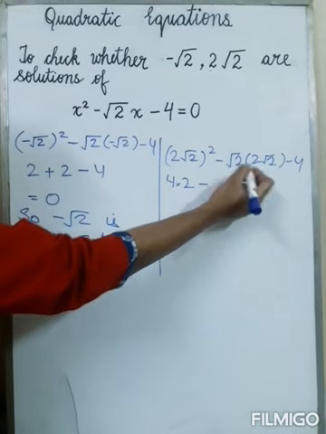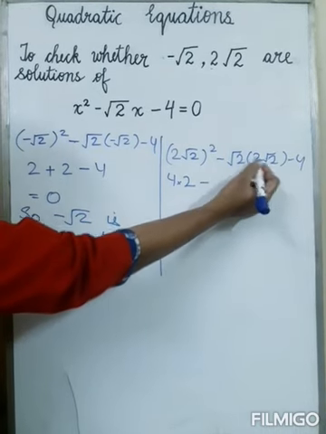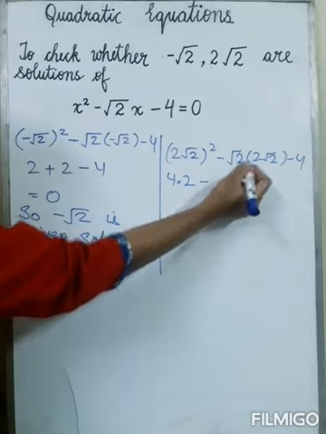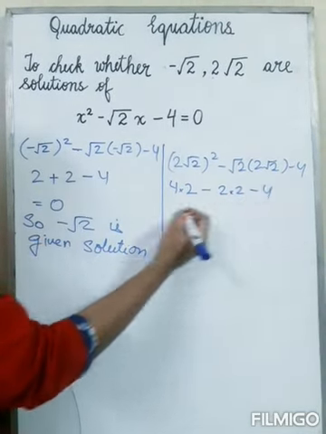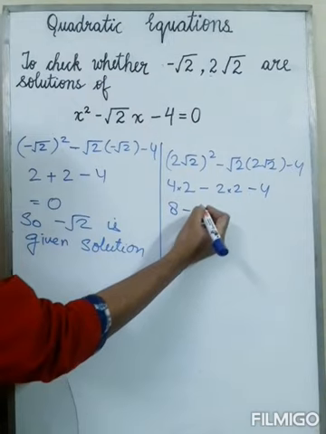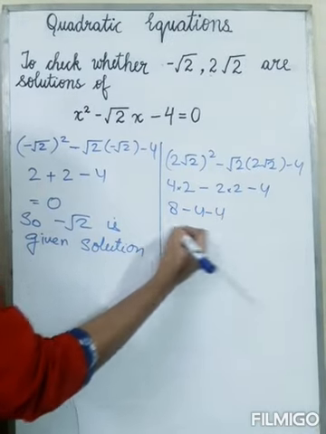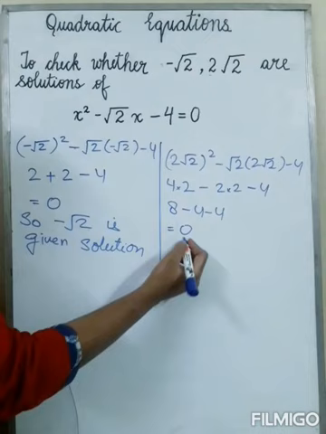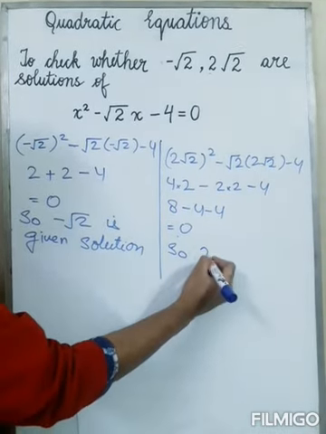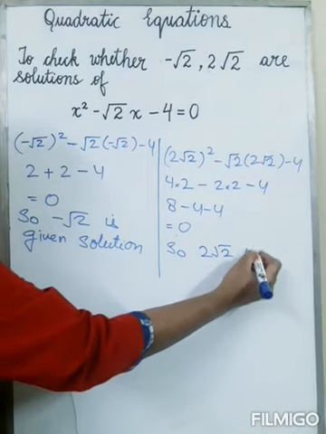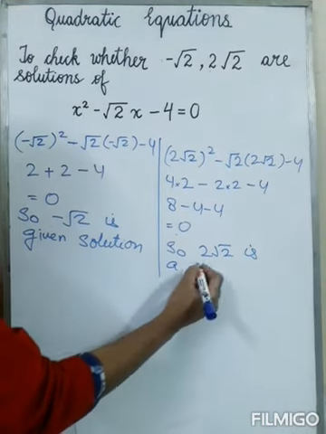Minus, I will multiply this: root 2 into root 2 is 2, and here we have one more 2. So it will be 8 minus 4 minus 4, which is equal to 0. Again it is equal to 0. So 2 root 2 is a solution.